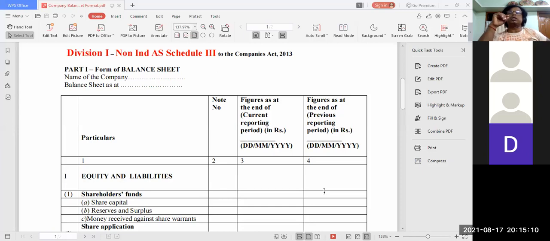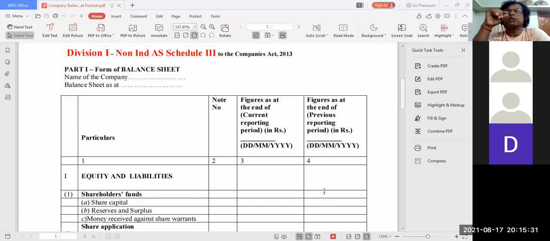And these new international standards are known as IFRS. This is there a little bit in your course. IFRS means International Financial Reporting Standard.